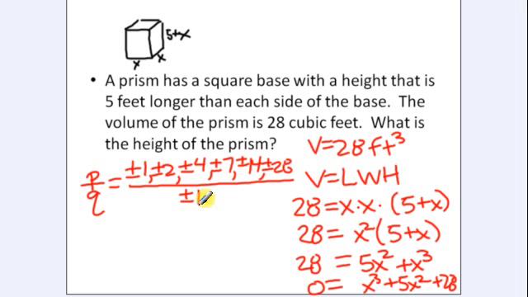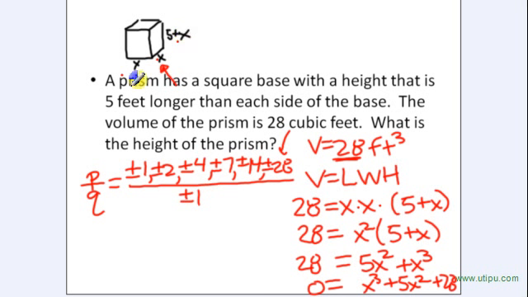Now, because I'm dealing with length here, I know that x, the length, cannot be negative. So I don't even need to test -1, -2, or -4. I also know that it's not going to be something too large like 28 because, well, the volume's 28. And if I have 28 times 28 times 28 plus 5, well, that's way beyond a volume of 28 cubic feet. So I'd start with something smaller. Let's start with 1.